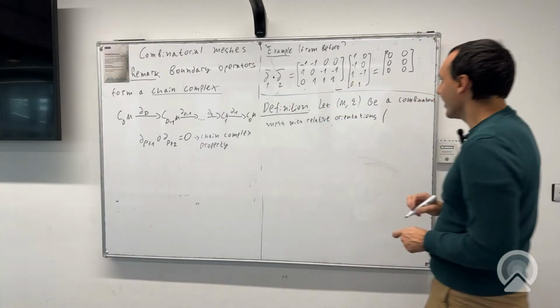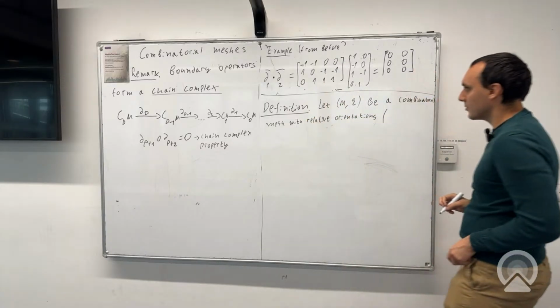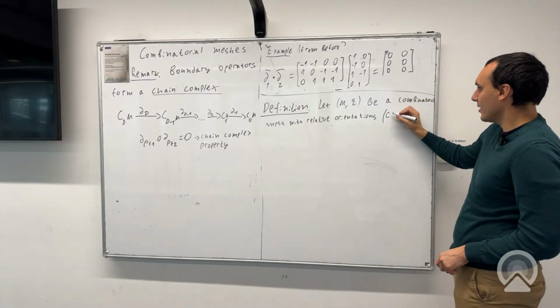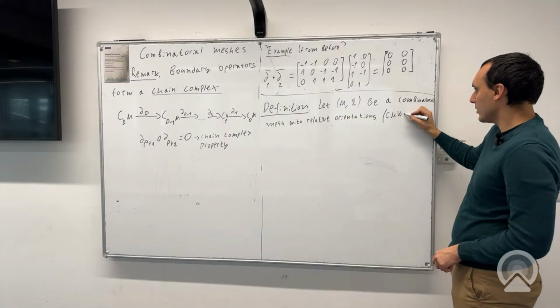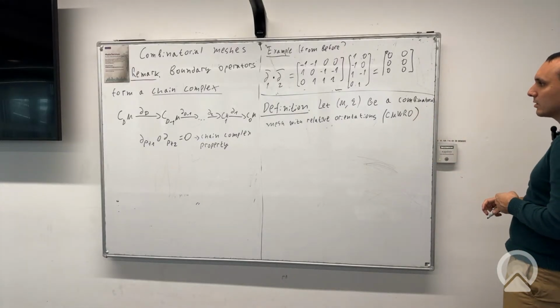Let me give some abbreviation, I will use this kind of notation. So CMWRO: combinatorial mesh with relative orientations.